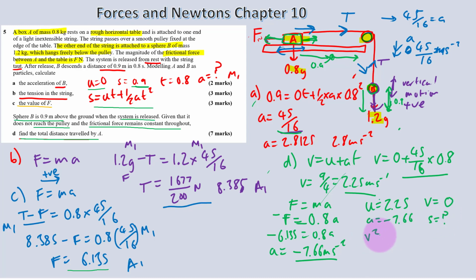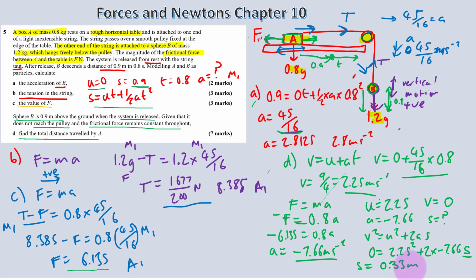So this time we use v squared equals u squared plus 2as, because we don't know the time here, it moves after 0.9. So we just substitute all that in for another method mark. So we get 0 equals 2.25 squared plus 2 times minus 7.66 times s. s is our distance, and you solve to find s, and you get s equals 0.33 meters, and that takes us up to 6 marks.